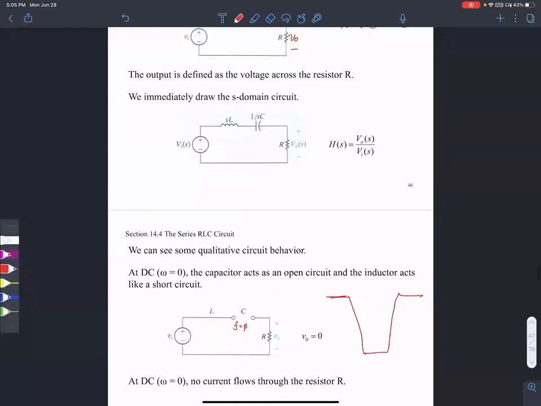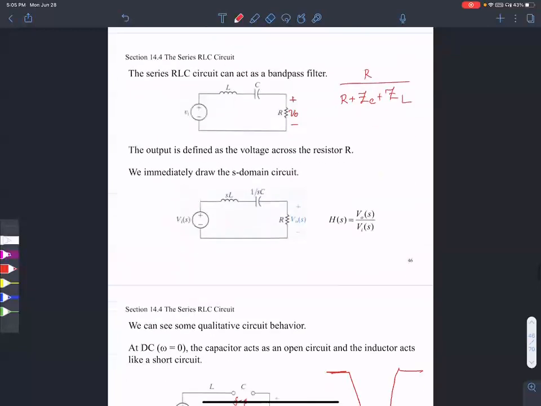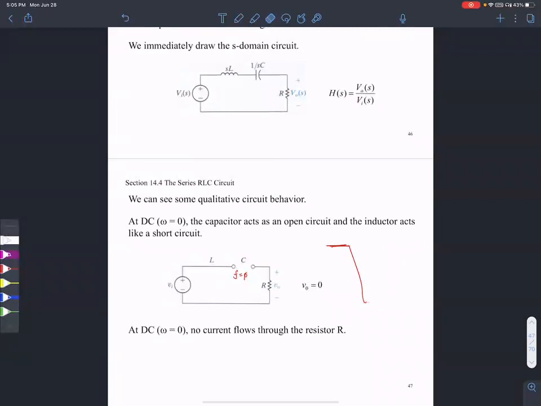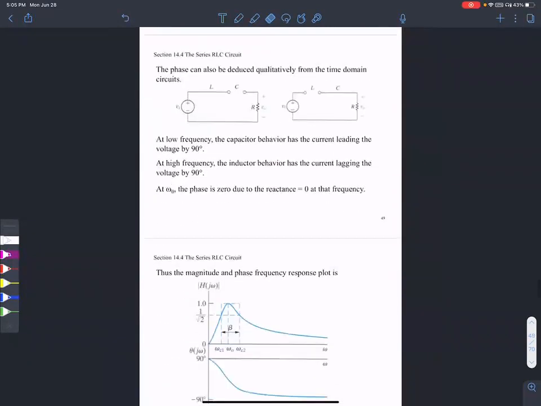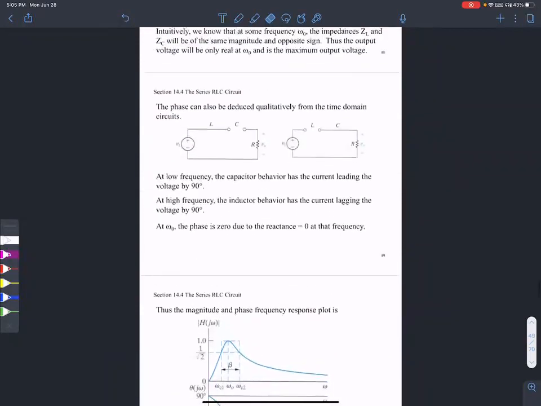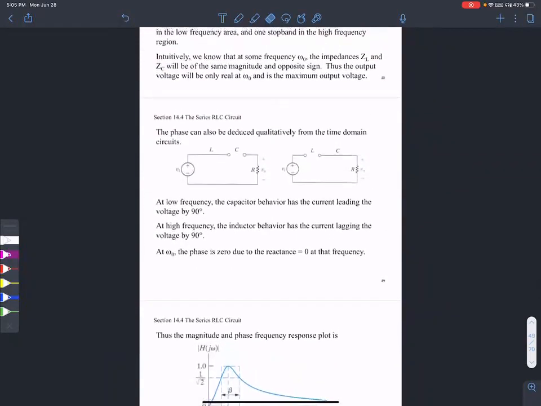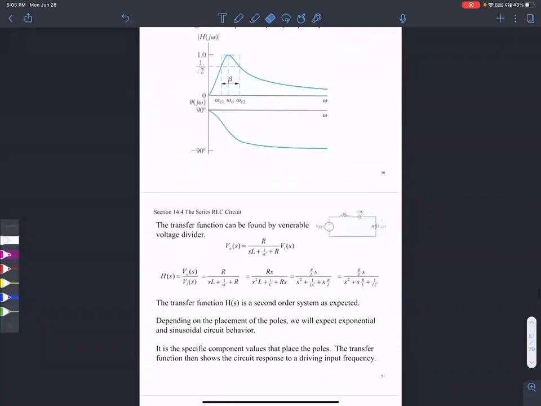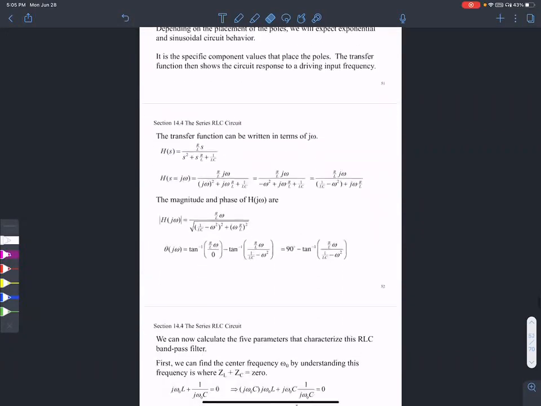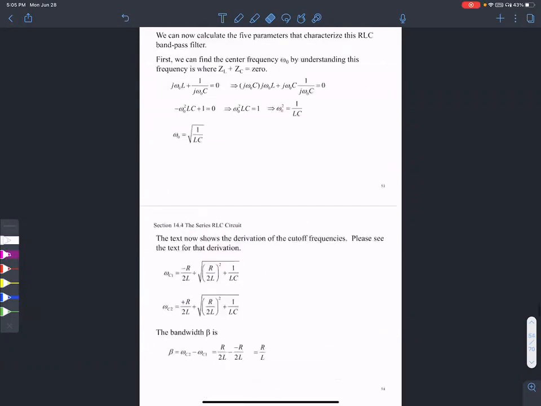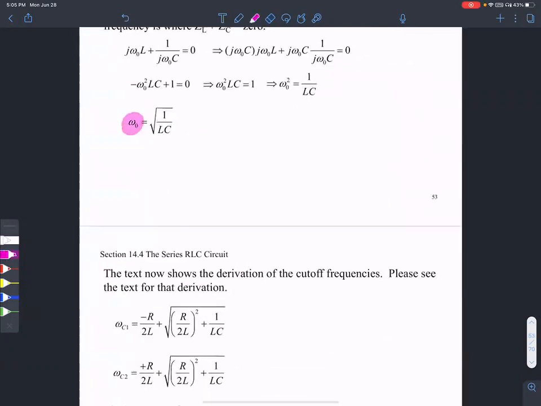So this is a band stop filter. Look at the extremes and you'll find out what's going on. So these terms are defined. What's the value for omega naught?